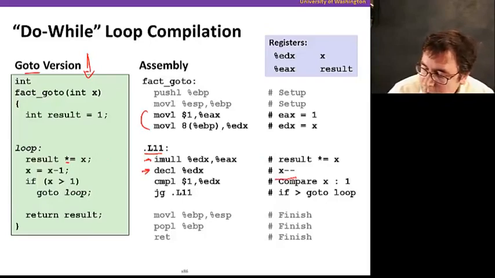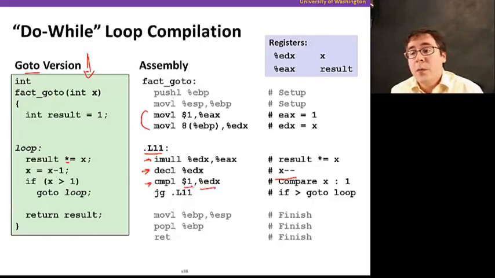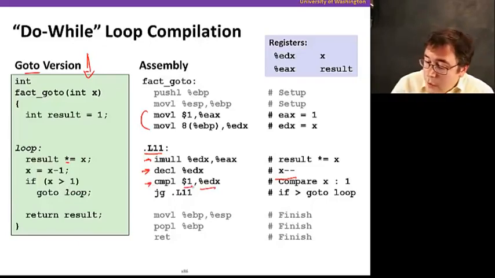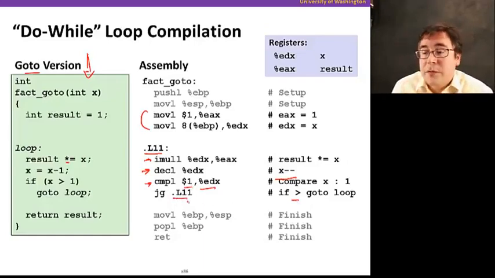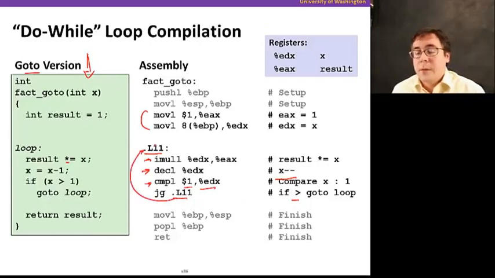We're decrementing X with this instruction. And now we're comparing how EDX compares to 1. If this comparison says that EDX is greater than 1, we're going to execute the loop again. We're going to jump to .L11, which jumps back here. Otherwise, we're going to go out of the loop. That's pretty simple, right?